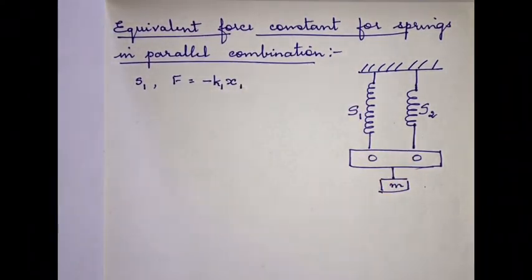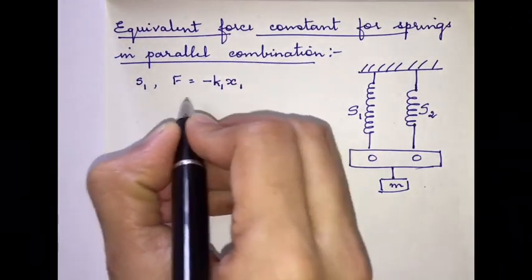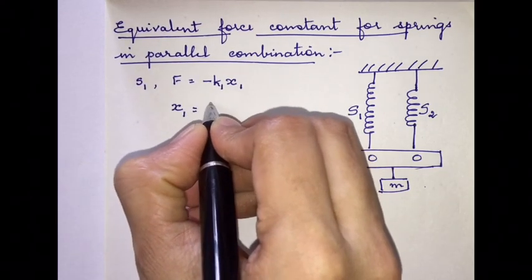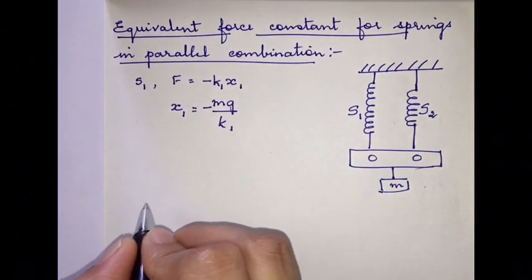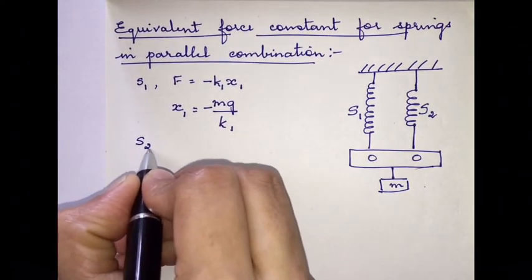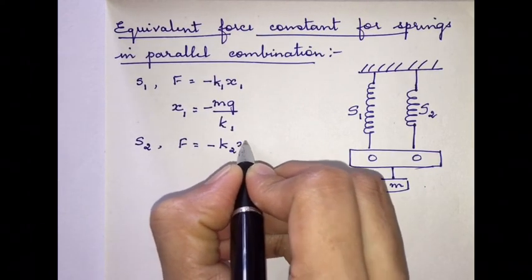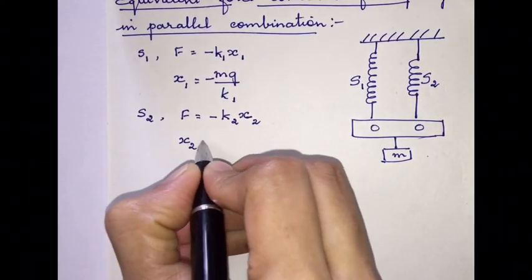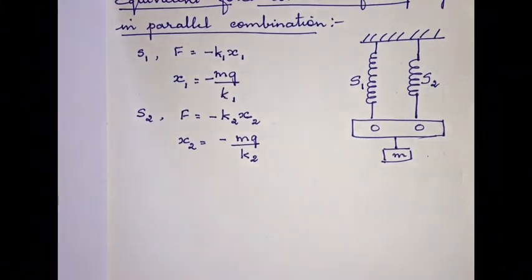K1 is the force constant of the spring and x1 is the extension in it, and I can even write this as x1 is equal to mg by k1 with a minus symbol. In the same way, for the spring S2 the restoring force is given by minus k2 x2, or I can write x2 to be equal to minus mg by k2. That is when I take these two springs separately.